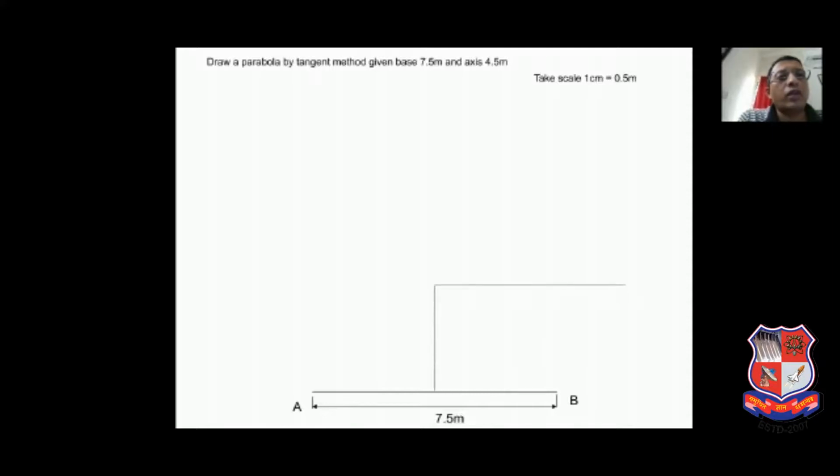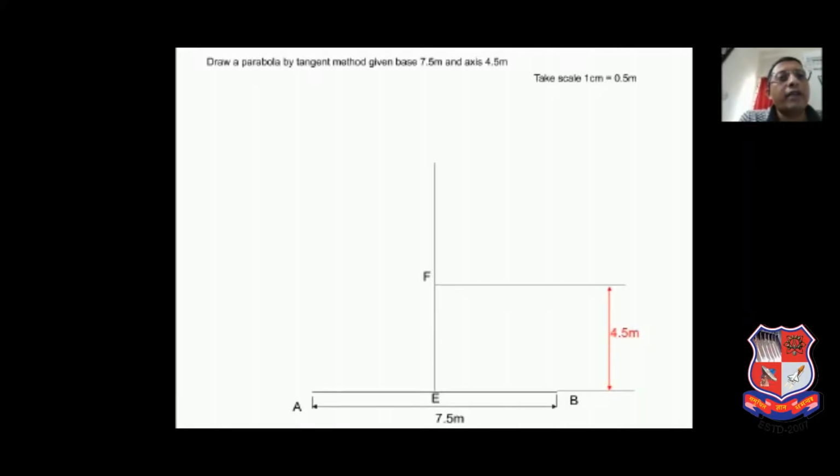Then we draw one vertical line from the center of horizontal line AB whose height is 4.5 meter and we mention the names E and F. So this vertical distance is 4.5 meter.